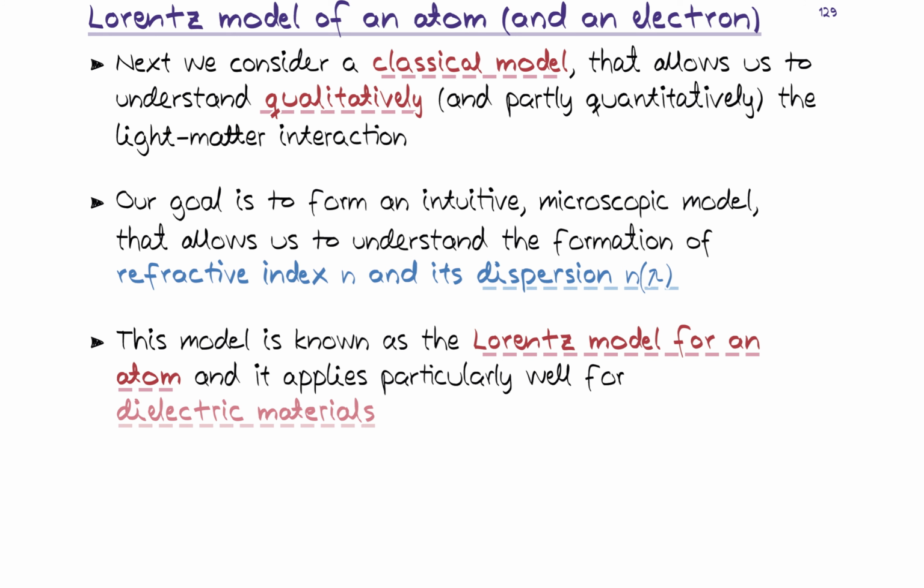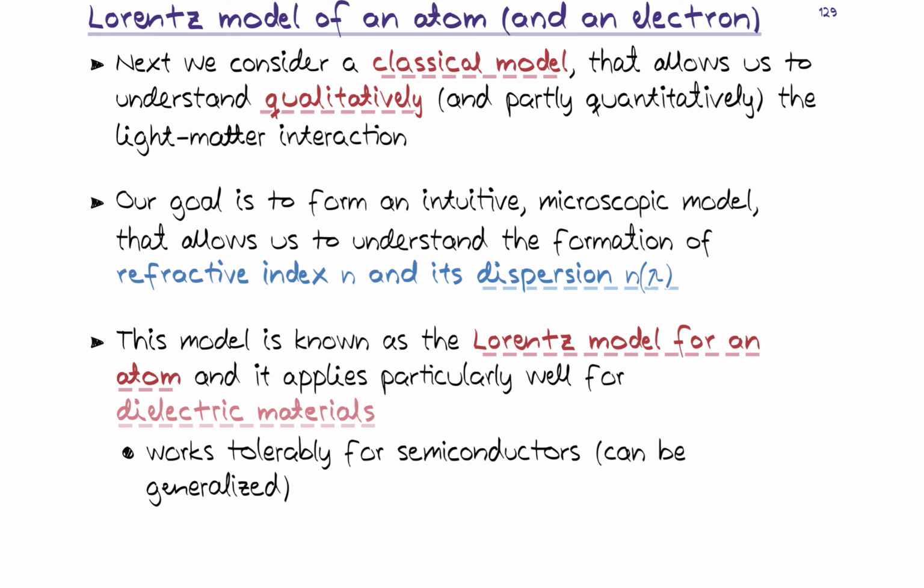And it applies very well for dielectric materials, so different kinds of glasses, for example, or silicon nitride would be another example, or magnesium fluoride. These would be example materials. It works okay, so tolerably well, for semiconductors. And here I would say that the approach would be that we need to generalize things a bit. Mainly, I will spoil you the fun.